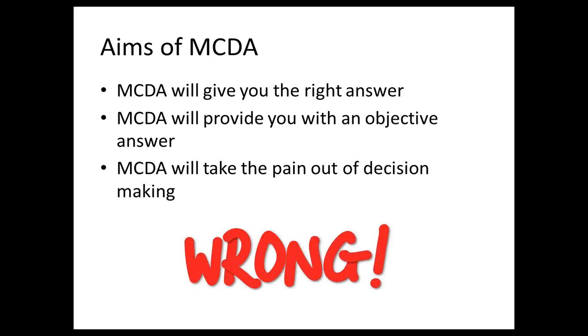However, this subjectivity, which is inherent to these decisions, will be made explicit. So MCDA will help you to make subjective decisions more explicit. And objectivity is increased, for instance, by the use of measurement scales.